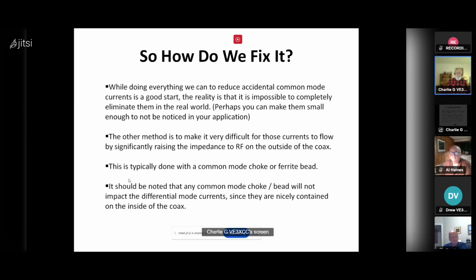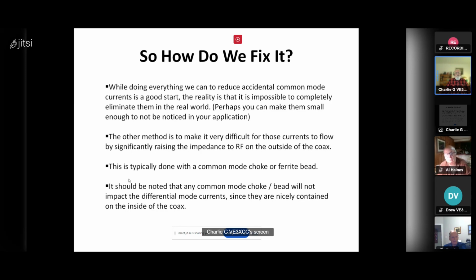But the reality is that it's pretty much impossible to completely eliminate those common mode currents in the real world. Maybe you can get them small enough that you really don't care, that they don't impact what you're trying to do, but trying to get a perfectly balanced feed line system is almost impossible.